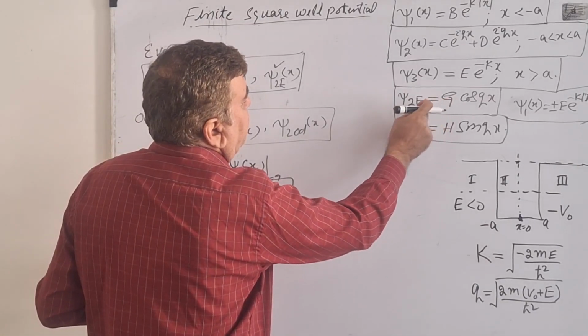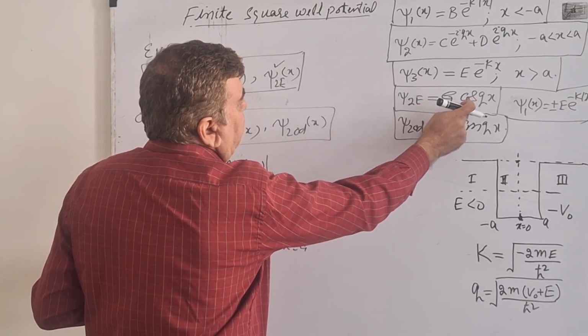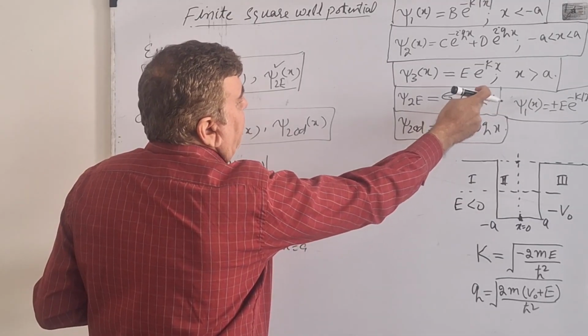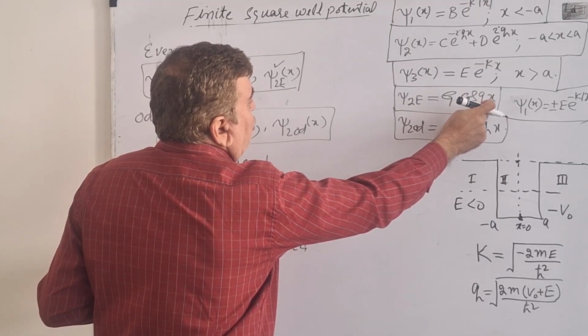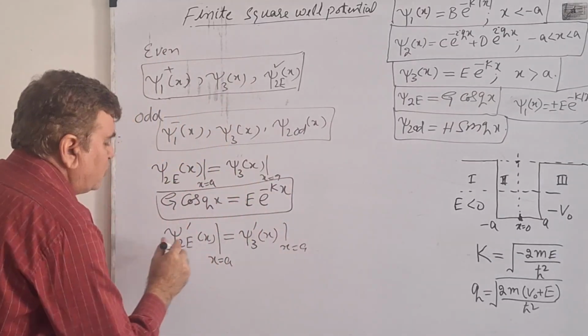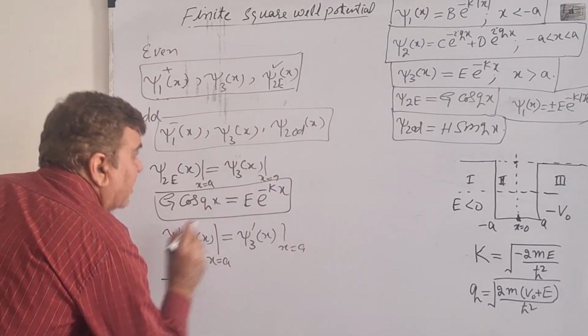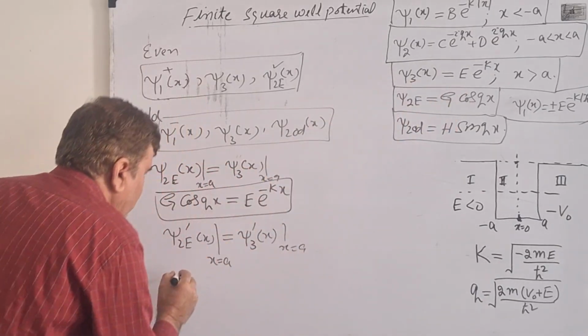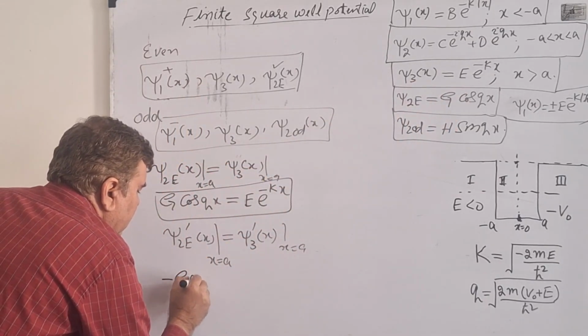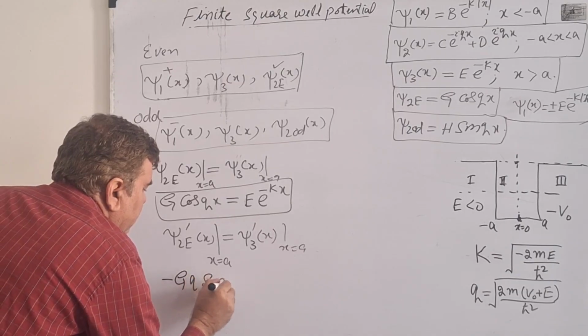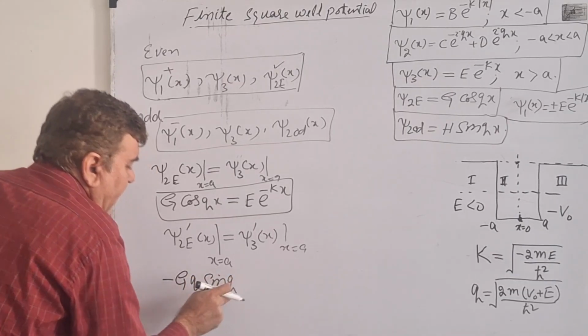And we can find the derivative of psi 2e. If I differentiate this, we know the derivative of cos is minus sine, and then using chain rule, the argument will give me q. So I write minus g q sine qx.